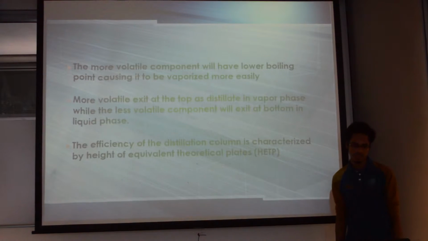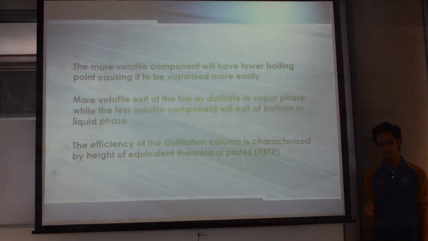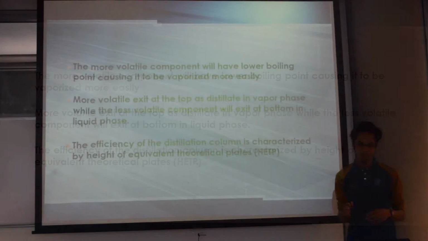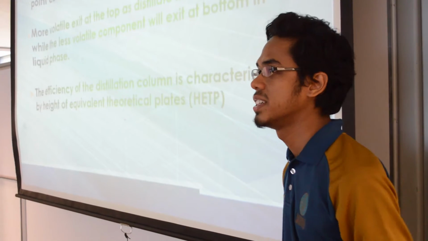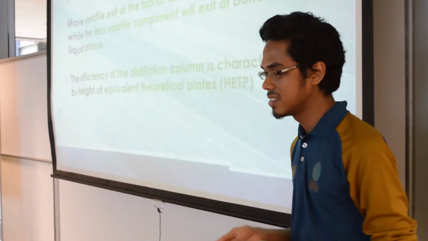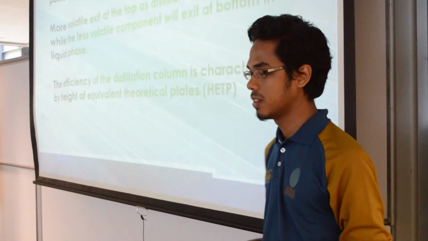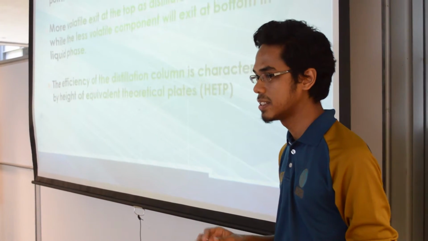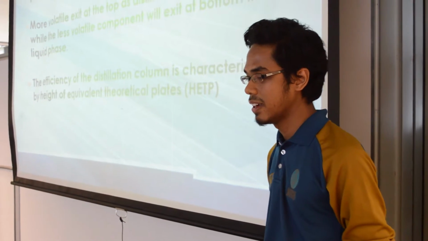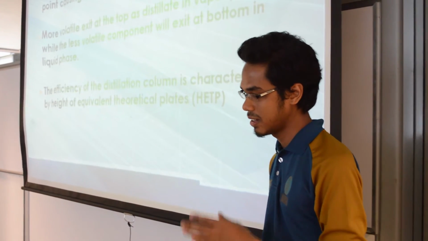So the next theory is the more volatile component will have a lower boiling point, causing it to vaporize more easily compared to the less volatile component. The more volatile component will exit at the top as distillate in the vapor phase, while the less volatile component will exit at the bottom in the liquid phase.